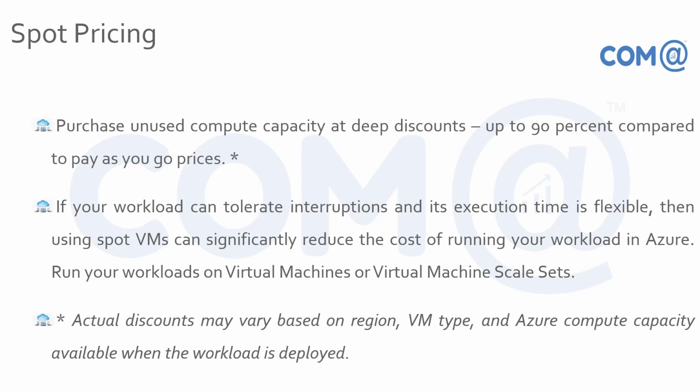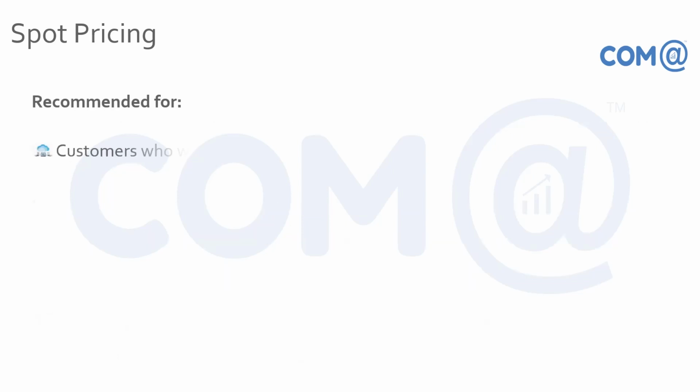You can run your workloads on virtual machines or virtual machine scale sets. The actual discount may vary based on the region, the virtual machine type, and the Azure compute capacity available when the workload is deployed.